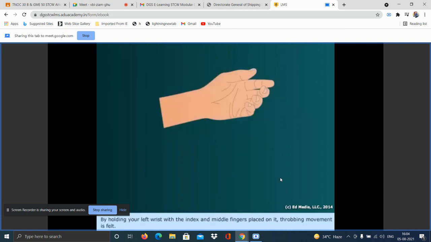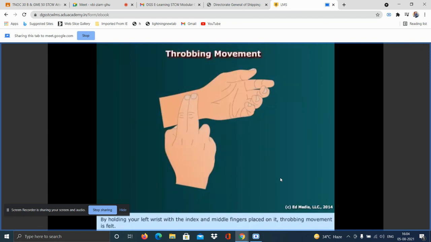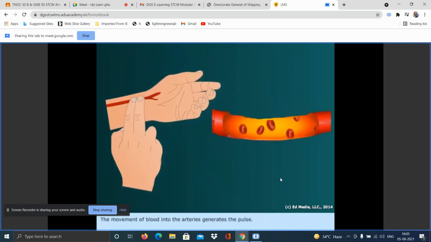By holding your left wrist with the index and middle fingers placed on it, a throbbing movement is felt. A pulse is defined by these throbbing movements. The movement of blood into the arteries generates the pulse.